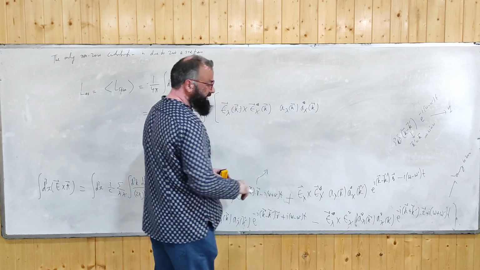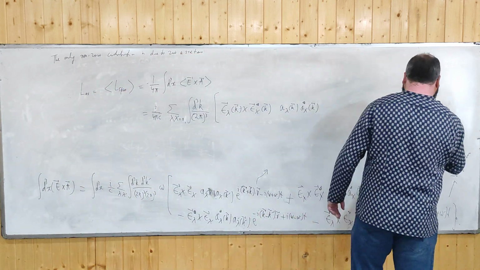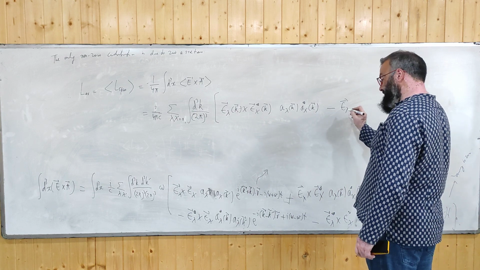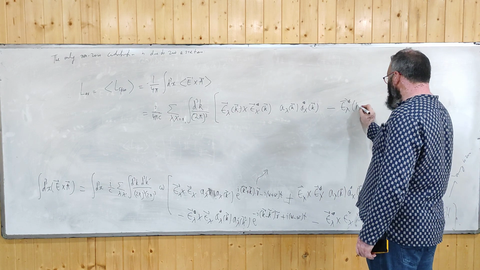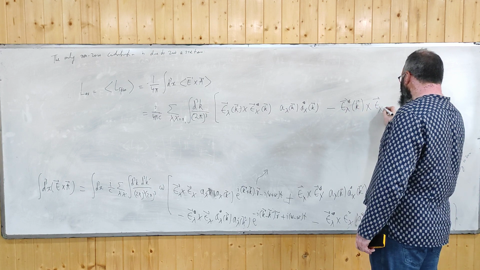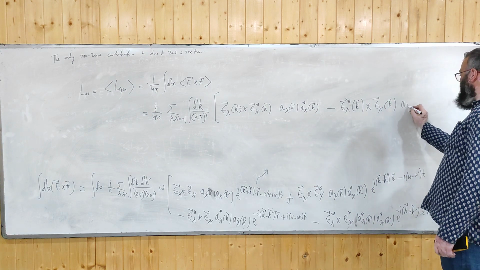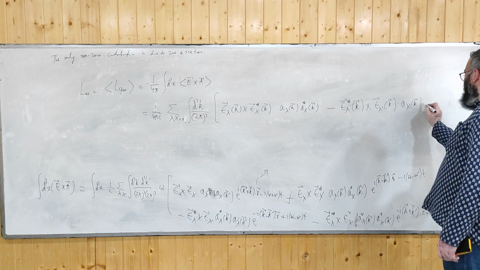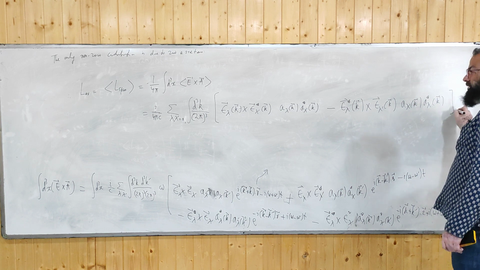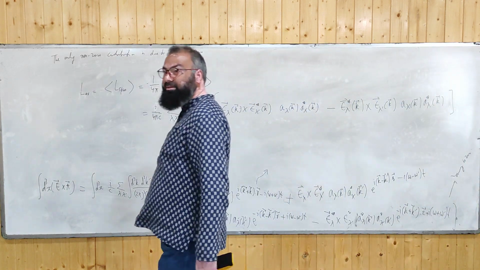Since k and k prime are the same in these terms, then you have minus epsilon star lambda k cross epsilon lambda prime k, then a lambda prime k and a star lambda k. So this is the average value of this thing. Now we need to calculate what this object is. Clear?